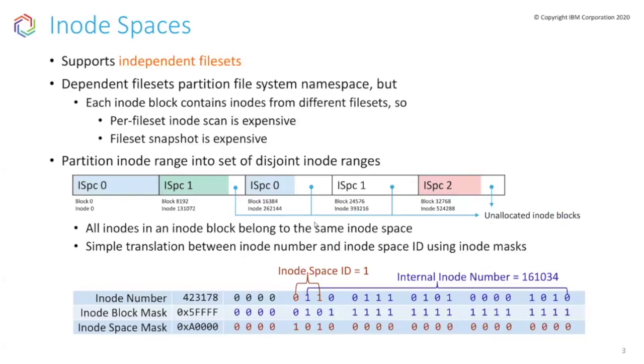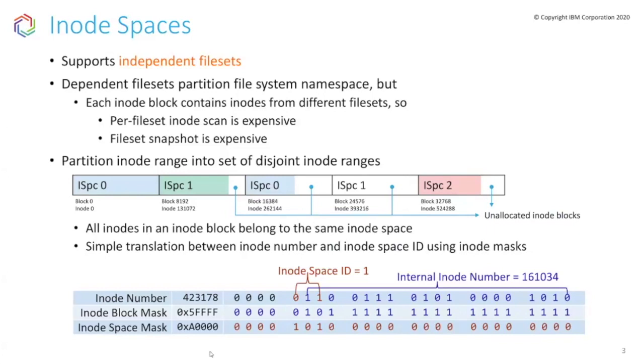So I'll explain that a bit. It should be interesting. I have shown here a picture of how we use masks to determine, from a given inode number, a certain portion of the inode number as denoting the inode space and the rest denoting the inode number within that inode space. So it's a sort of binary level partitioning.